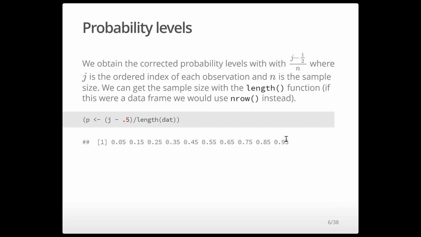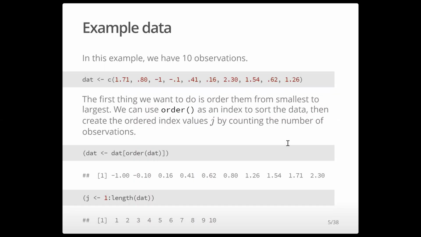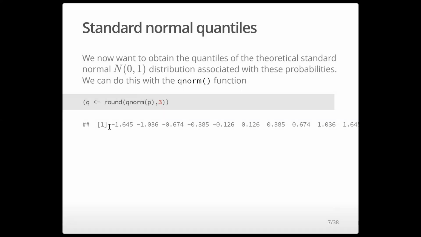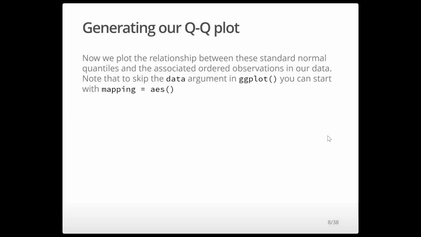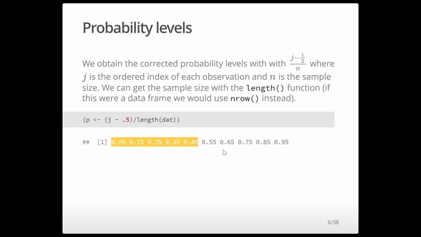Since the normal distribution is symmetrical, we see that it's symmetrical on either side of 0.5. So we get negative 1.645 here in one tail, 1.645 in the other tail, negative 1.036, 1.036. These are the quantiles of the normal distribution associated with these probability values.